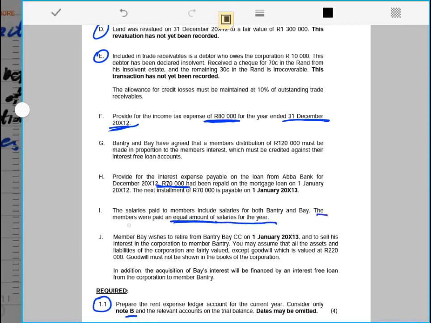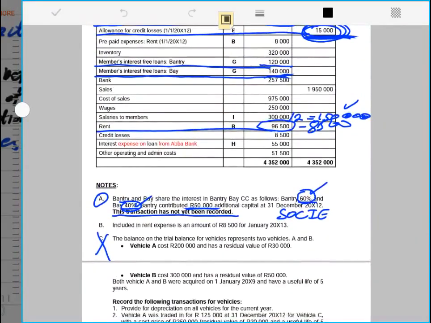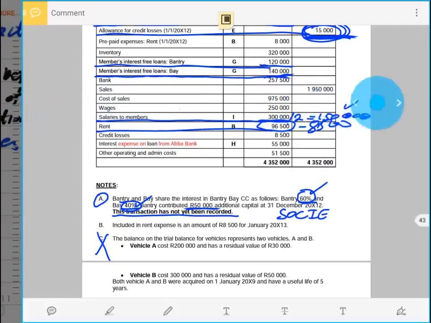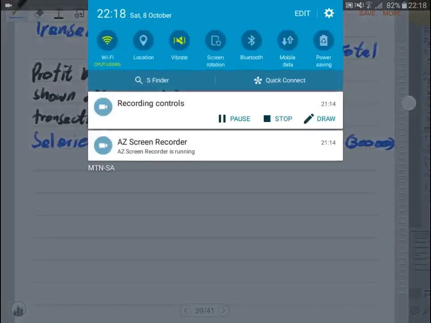So if the salaries we paid to the members were 300,000 rands, then we just have to say 300,000 rands divided by 2, and we get 150,000 for each member. With that being said, that was the last entry to record under the transaction with the members. And on my side, that being said, thank you guys.